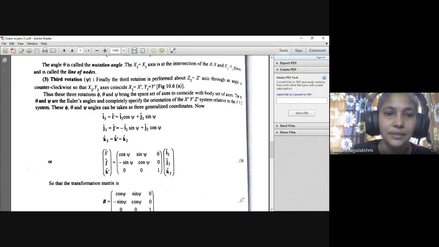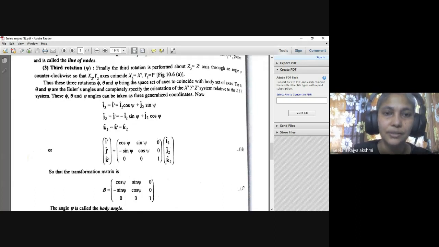Now let us write these rotations using unit vectors I3, J3, K3 equals I dash, J dash, K dash, where I dash equals I2 cos psi plus J2 sin psi, J dash equals minus I2 sin psi plus J2 cos psi, K dash equals K2.